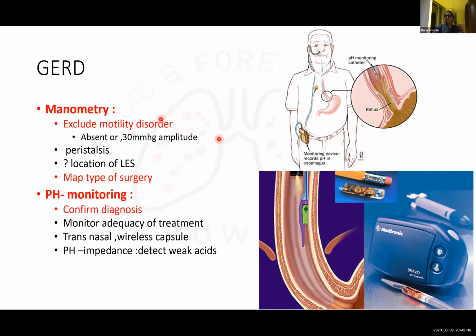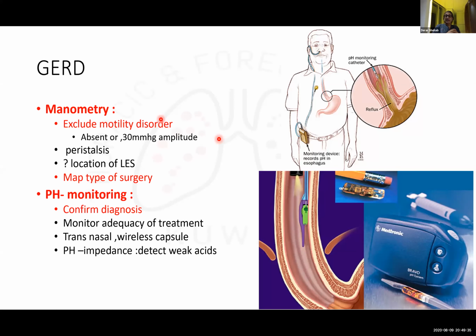We have the capsule, which is basically attached endoscopically just above the GE junction. And we have the conventional pH monitoring with a transnasal catheter in the esophagus.